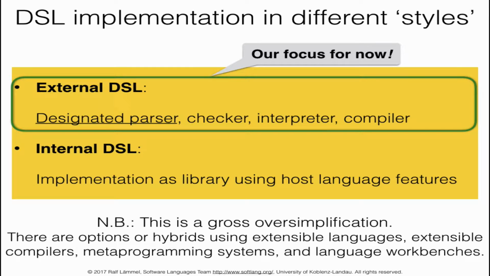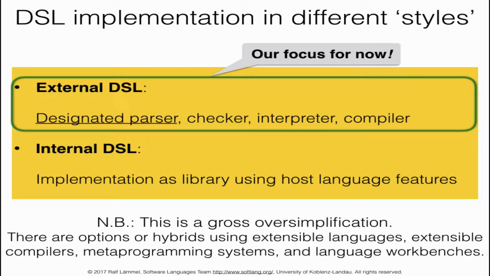And in fact, we want to implement it in a way that we would speak of an external DSL. That is, we are going to have a designated parser. And by the way, maybe also a designated checker for well-formedness, an interpreter. We could even later have a compiler to some target language.